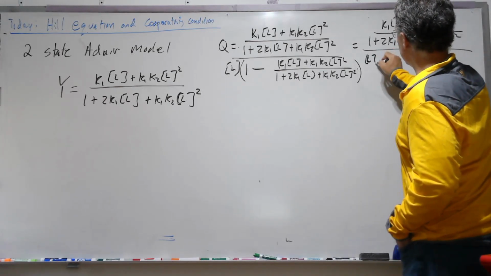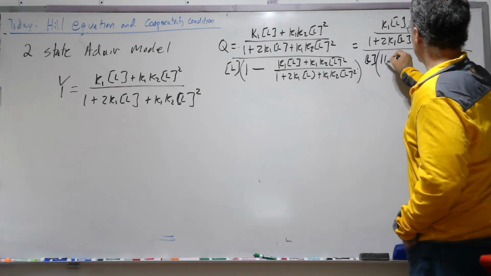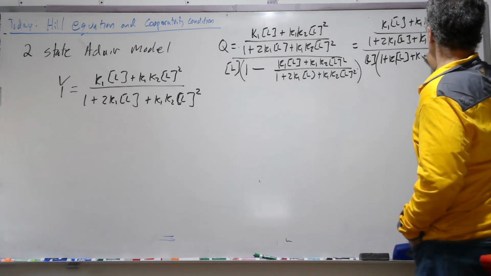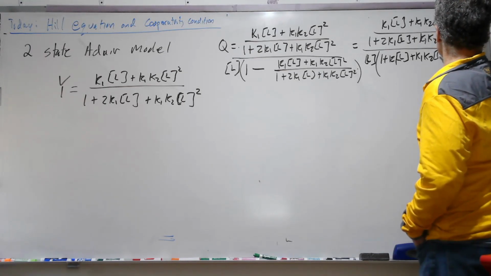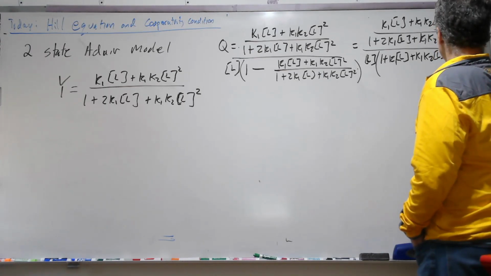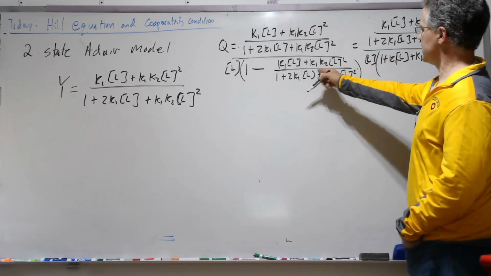I have L times 1 plus 2 K1 L plus K1 K2 L squared, minus all of this.